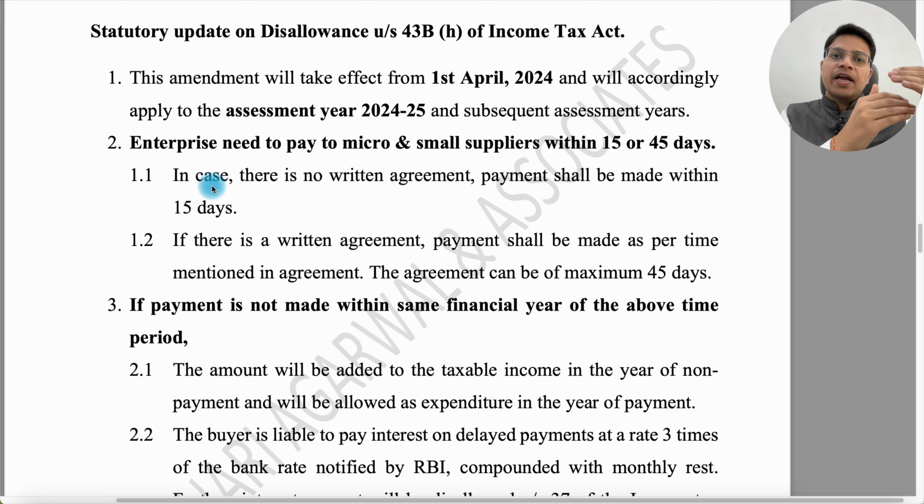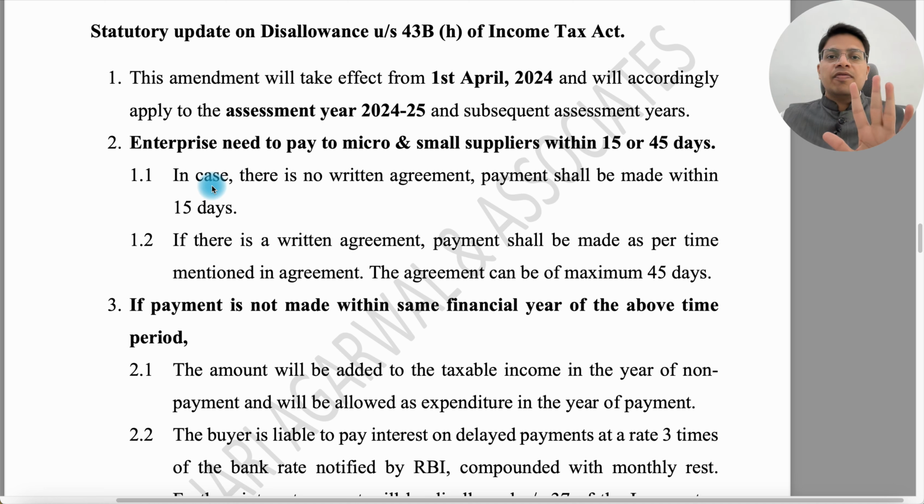Now, after identifying those 20 suppliers, you will check whether you are having any agreement with those 20 suppliers in terms of the due date of payment to them. If you are not having any agreement with your small and micro enterprises, then by default the MSMED Act says the due date of payment to such supplier will become 15 days.